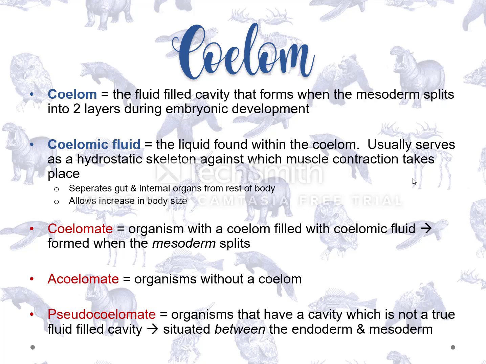It's found in the middle of the mesoderm. If it is found between the endoderm and the mesoderm, then it is a pseudocoelomate. Remember last year when you did animal tissues, you learned about pseudostratified. Again, there were cells that appeared to be stratified but weren't. So pseudo says appears to be, coelomate says coelom, so it appears to have a coelom, but it's not actually a true coelom. It's not a true fluid-filled cavity.